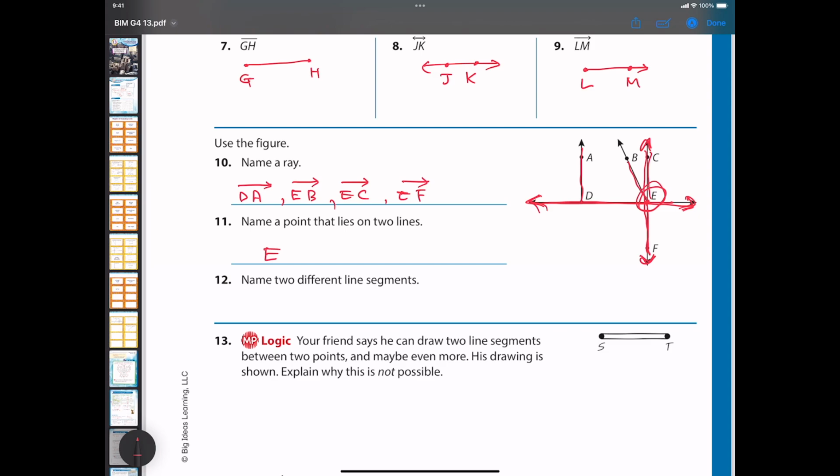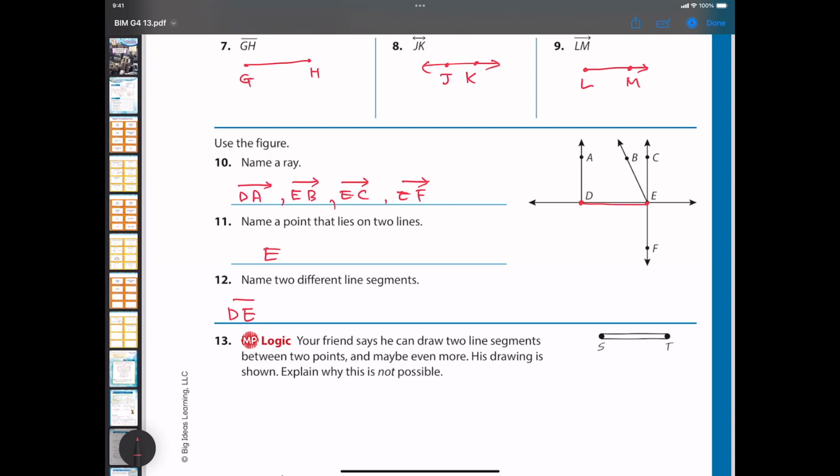Number 12, name 2 different line segments. Now I'm going to erase this here to make it clearer to see. A line segment is what? Line D to E, right? Line segment, you don't have to put any points. So here, D, E, and 2 different.